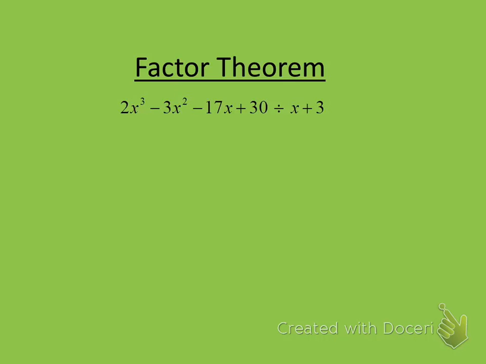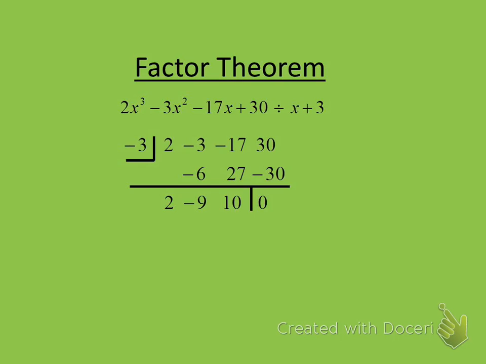You do a synthetic division with that. Since you don't see an f or a function notation at all, notice how you switch that sign again. You go from a positive 3 with the x plus 3 to a negative 3 in your box. If you see an f or a function notation, you don't change the sign. If you don't see it, you do. It's kind of backwards logic, but it's how it is.